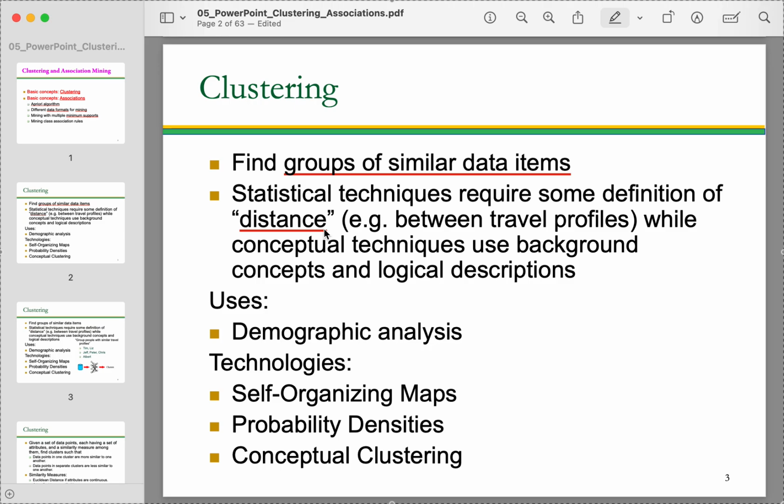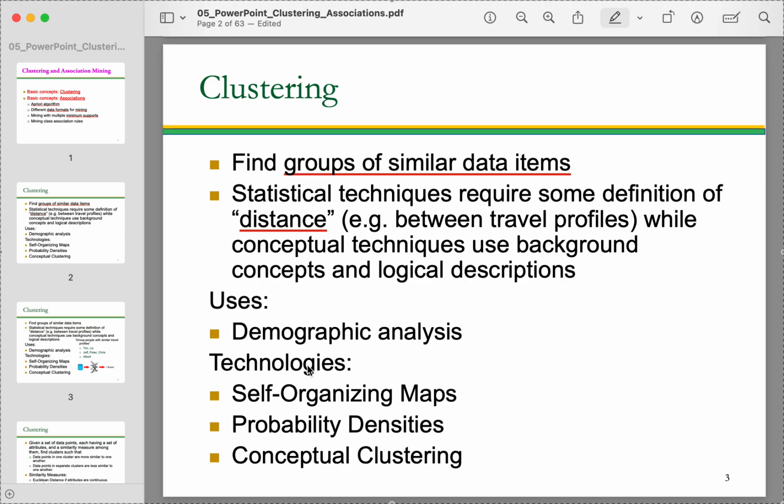Therefore, we would compute distance. We can use any distance measure, such as Euclidean distance, Manhattan distance, or cosine distance, any distance measure that we believe is appropriate for the current data we can use. And then the items that are close or closest to each other would be placed into the same group.